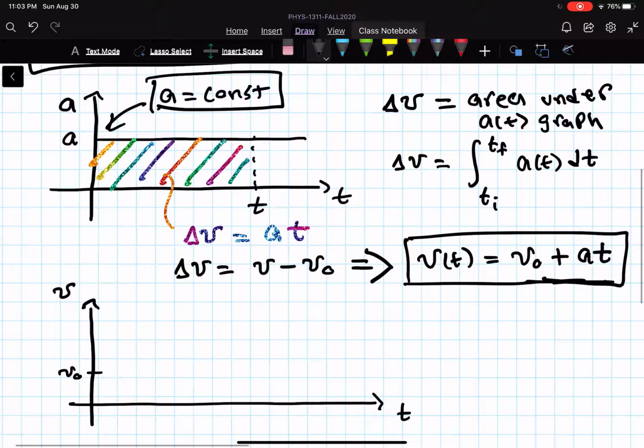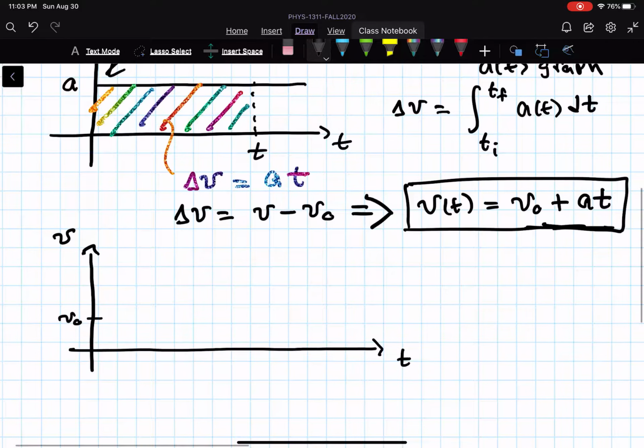Here on the previous graph, I said that the a was a positive constant. So that means that the slope here is also going to be positive. If I had drawn a down here somewhere, then that would imply a negative acceleration, and this slope would be negative. But here I've got a positive slope, and that's my velocity versus time graph. It's a line. Its y-intercept is v0, and its slope is a, and it grows linearly in t.